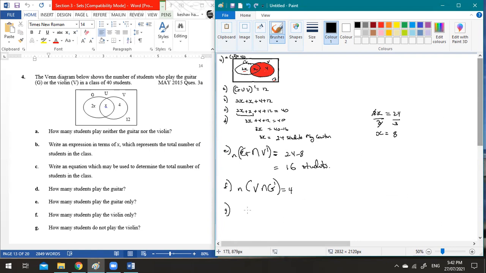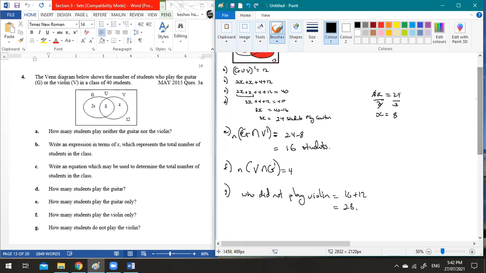So persons that did not play the violin will be 16 add the 12. It's just 28. Right? So 28 students didn't play the violin.